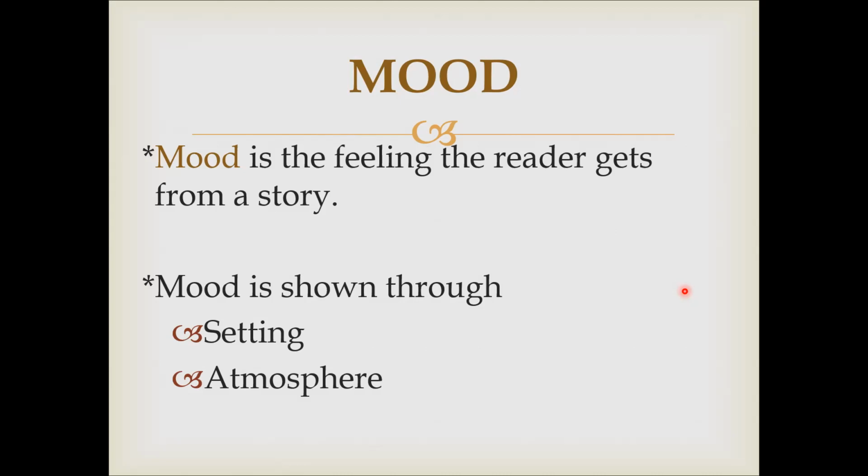So what are two ways the mood is shown, Jalen? Setting and atmosphere, the setting of the story and the atmosphere of the story. Now, setting. Anyone know what setting means? It's the place where it takes place. Is that what we mean when we say setting? What do we mean when we say setting?